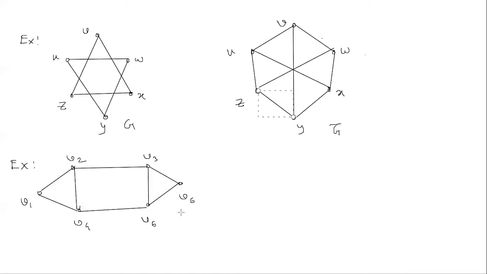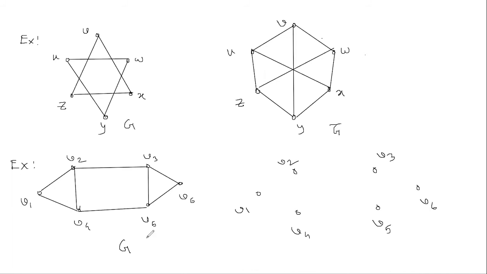Similarly, let us try to construct the complement of the graph G. The third example. So here also we have the same set of vertices: V1, V2, V3, V4, V5 and V6.